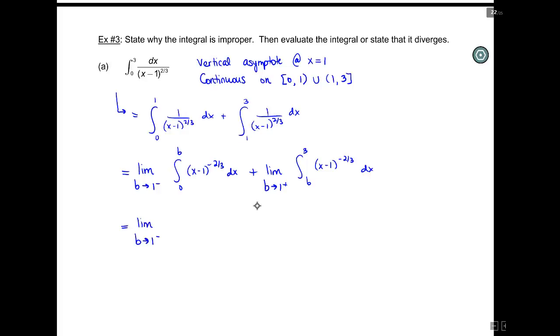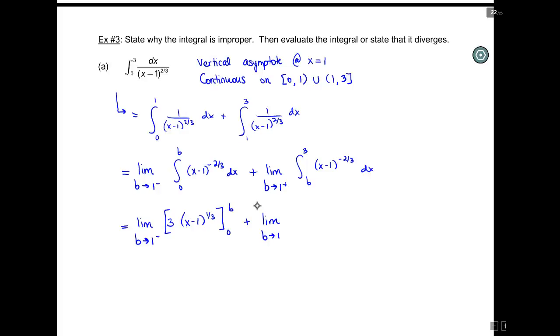Okay, so b approaches 1 from the left. So we integrate x minus 1 to the negative 2/3, so it becomes x minus 1 to the 1/3 over 1/3, or 3. And then it's going to be x minus 1 to the 1/3. We want to evaluate that from 0 to b.